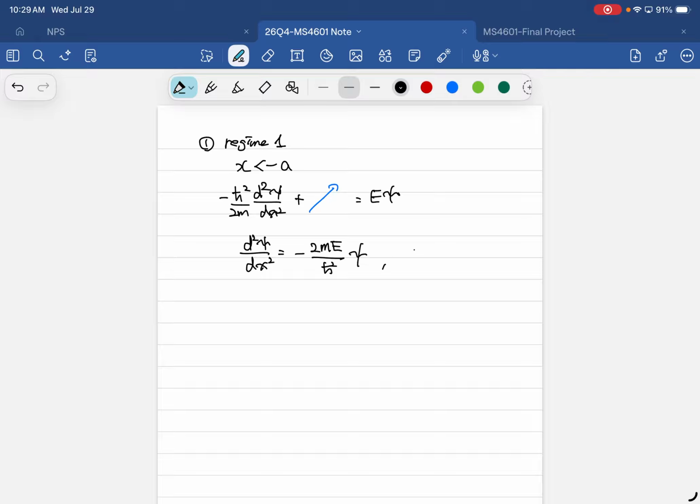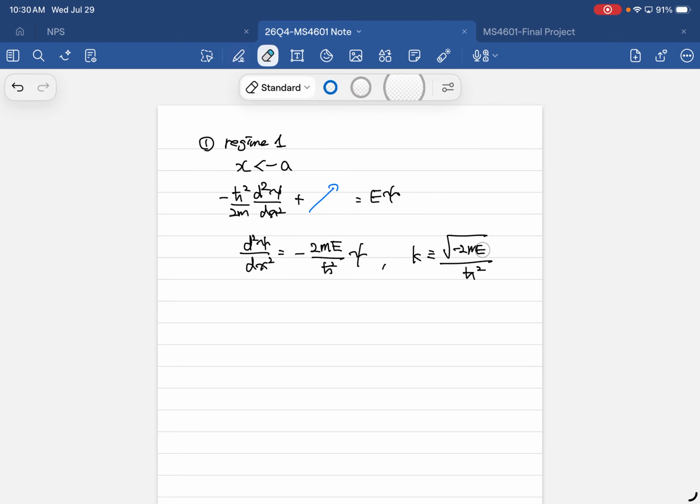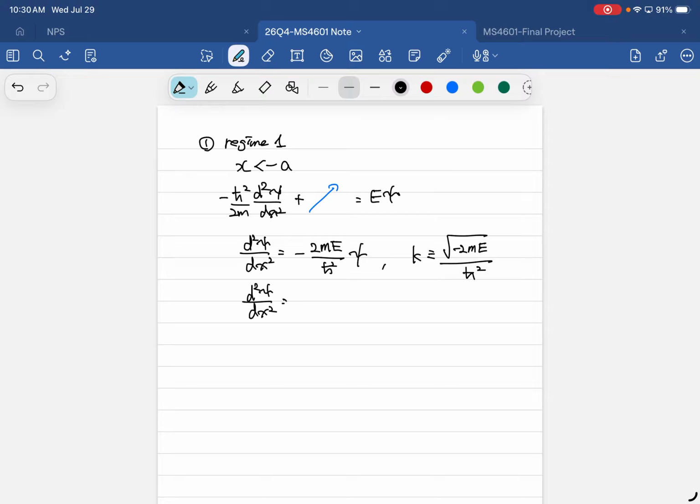Here, we are going to denote k, which is the square root of minus 2mE over h bar square. So in this case, d square psi dx square can be written as k square psi.